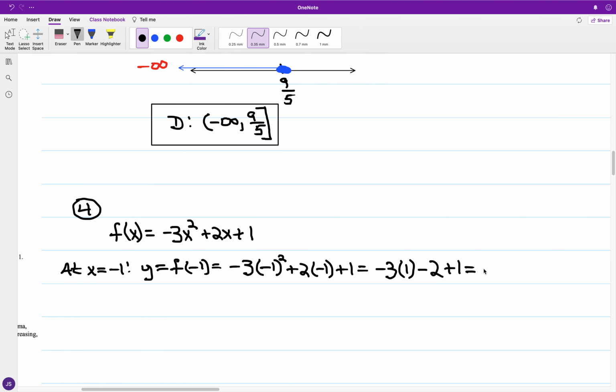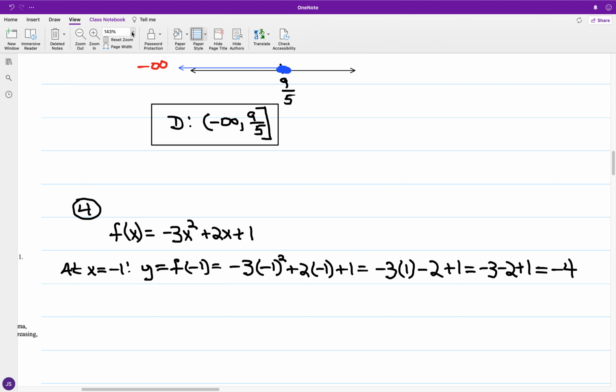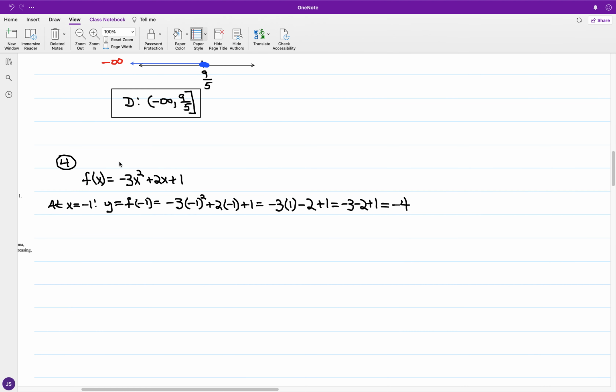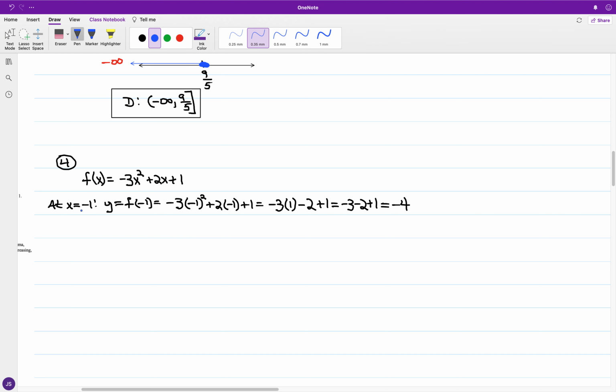So we have -3 minus 2 plus 1. -3 minus 2 is -5. -5 plus 1 is -4. So we have a point on the graph of this function. When x is -1, your corresponding y value is going to be -4.